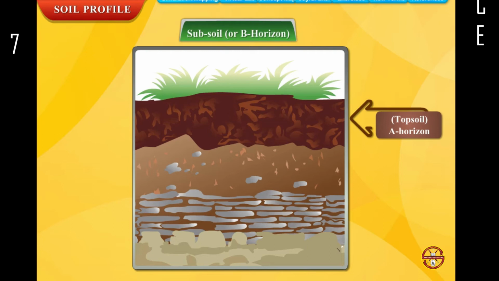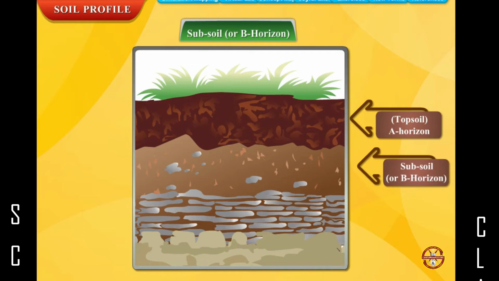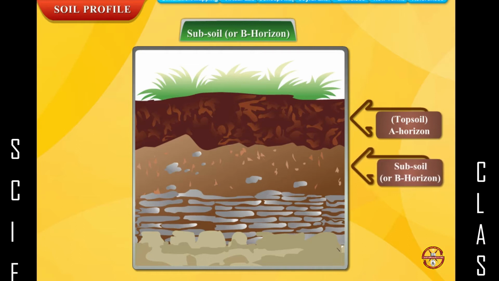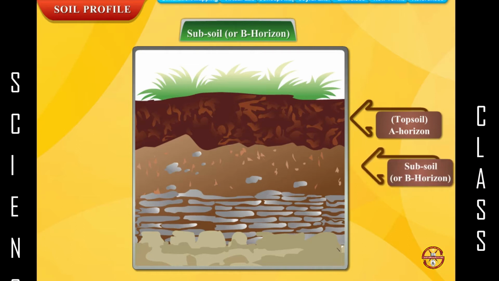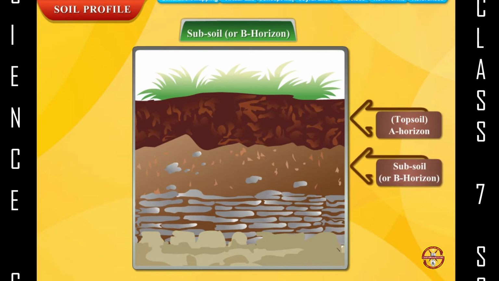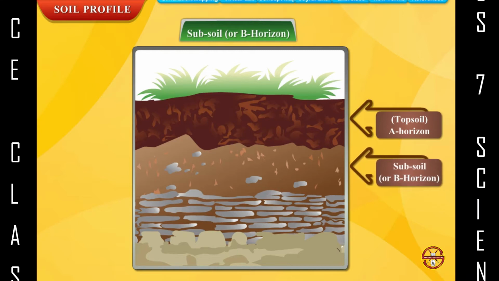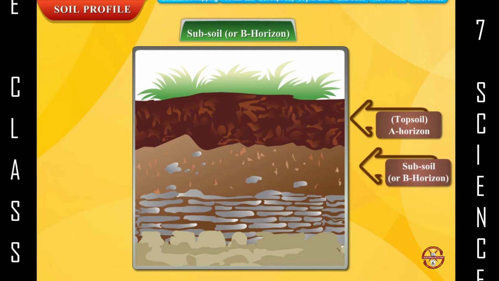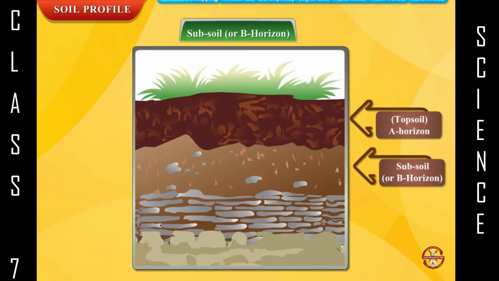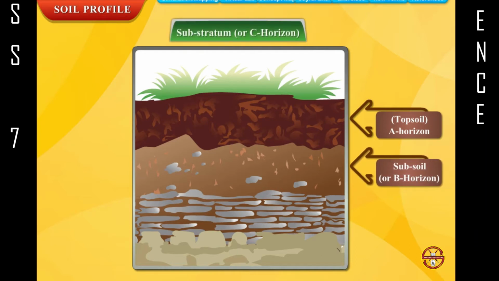Subsoil or B horizon. The layer of the soil which is just below the topsoil is called subsoil or B horizon. The subsoil shows the following features. This layer is light in color as it has very little humus or organic matter. This layer is harder and more compact than the topsoil. Substratum or C horizon.